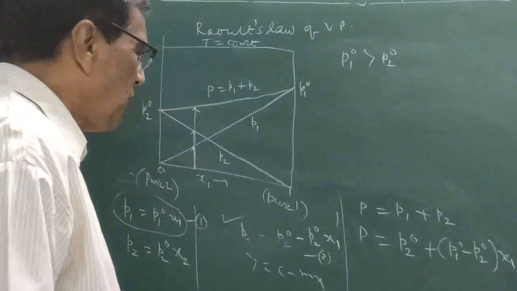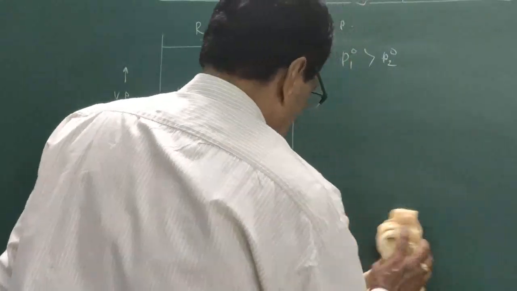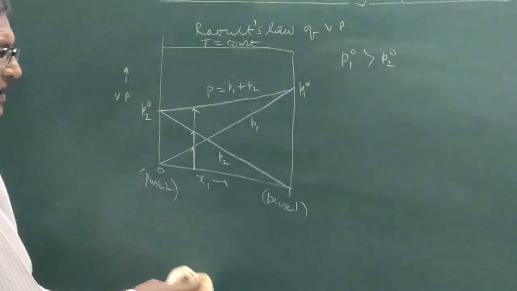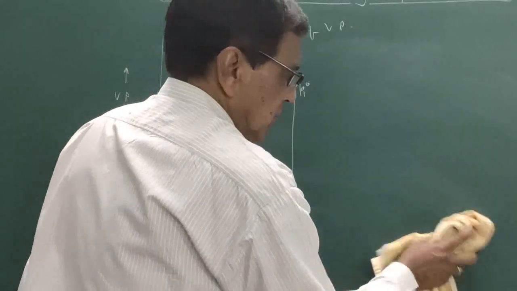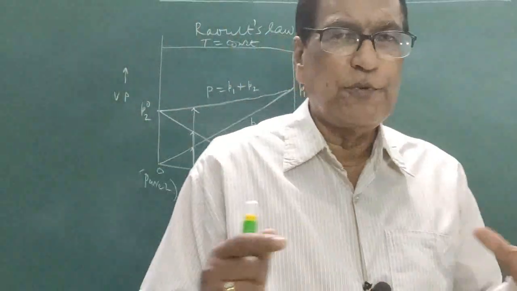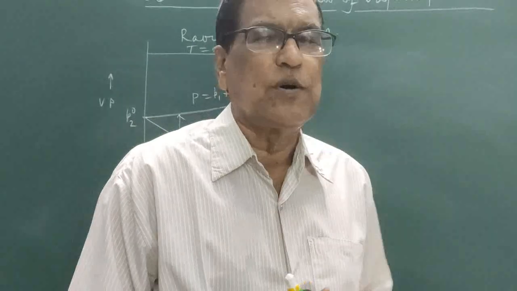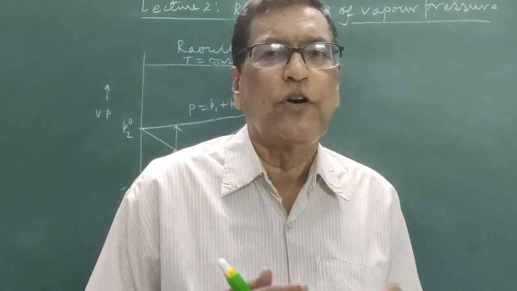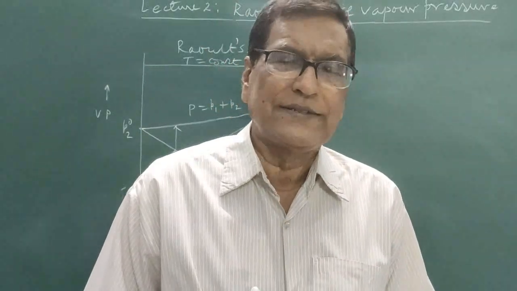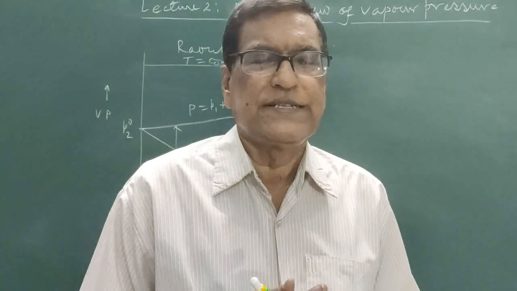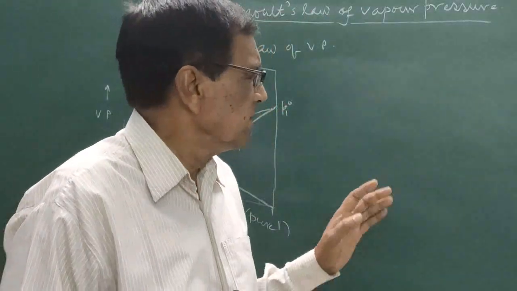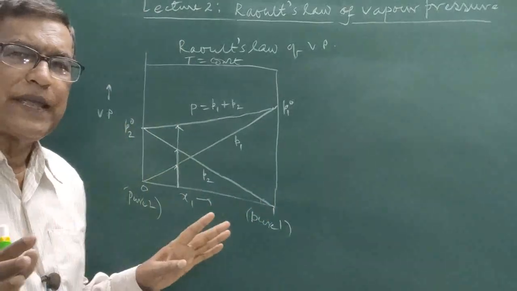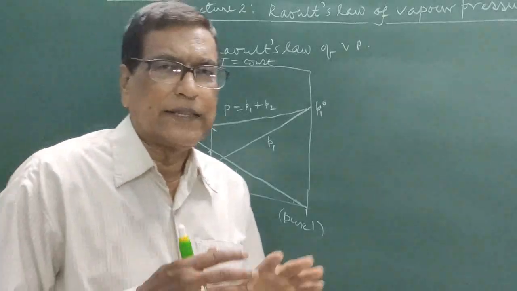Raoult's law is very important, though it is valid only for ideal solutions. An ideal solution means the molecules of the two components have uniform intermolecular attractions, or uniform cohesive forces, and the activity of one component is not affected by the other component.